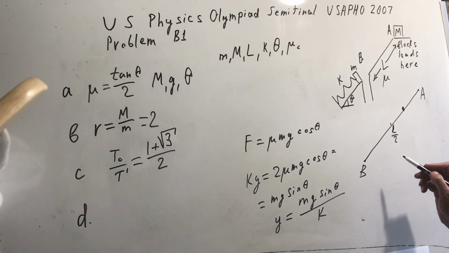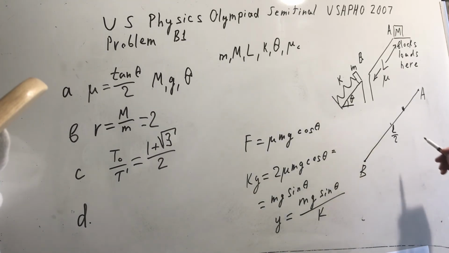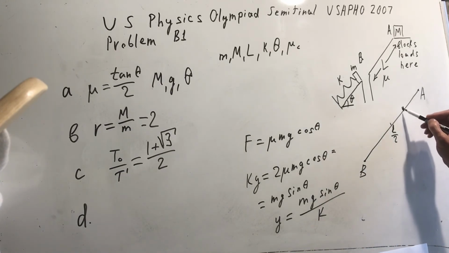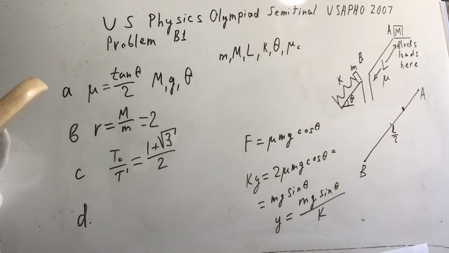And same thing the other way. If we are going up and stop below this point, after that we will not move down, because this will be our equilibrium point. So this is the solution.